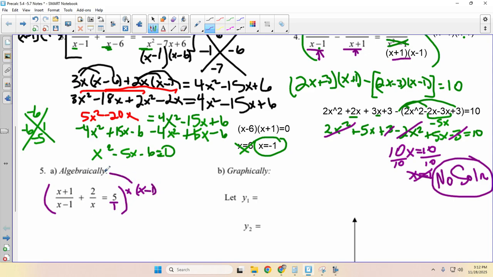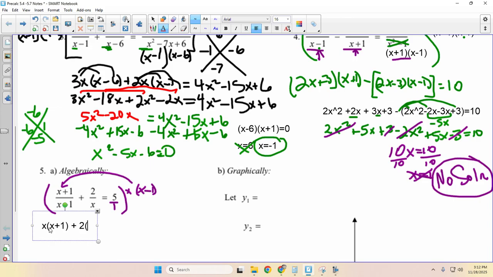So when I do that, boop, we got the x minus 1's cancel, and I just have x. That goes plus the x cancels, and I get 2 parentheses x minus 1. And that's going to equal 5x times x minus 1.